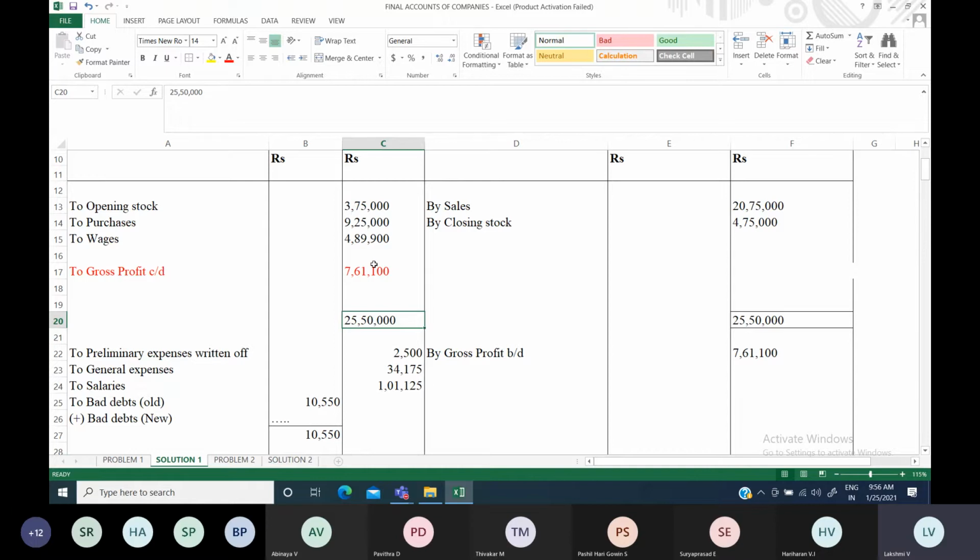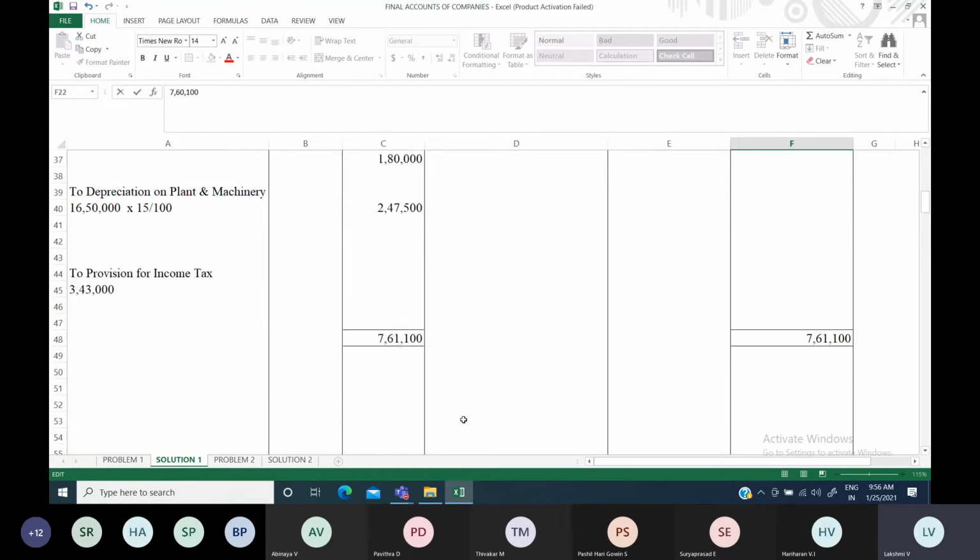See, actually gross profit I am getting as 7,60,100. You just find out whether you are also getting 7,60,100. Just verify that one, because 7,60,100 I am getting. Even you just check it out.